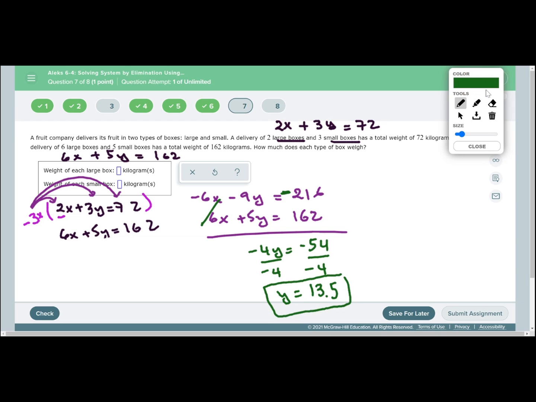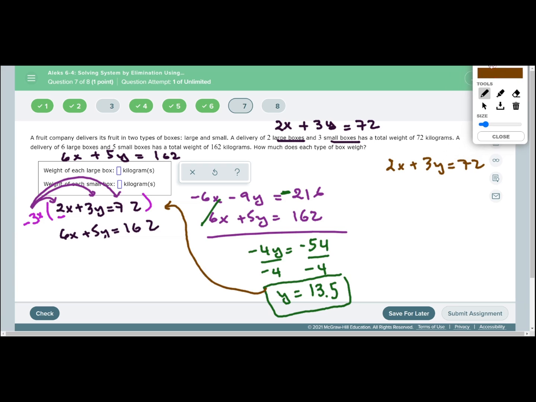All right, so now we're going to take this and plug into one of the original. Let's say this. 2x plus 3y equal to 72. And we have y is 13.5. So 2x plus 3 times 13.5 equal to 72.